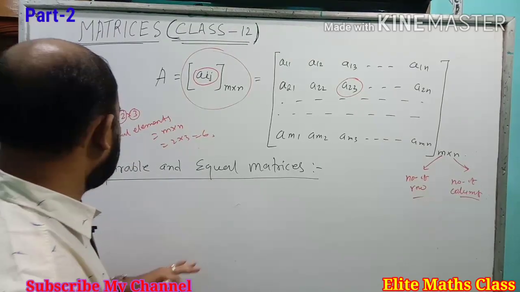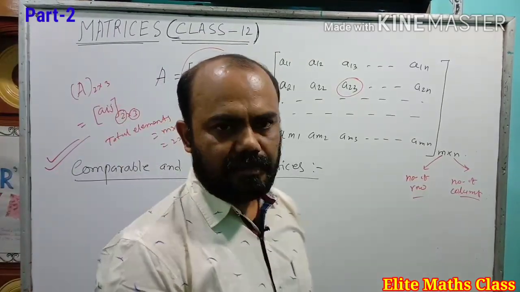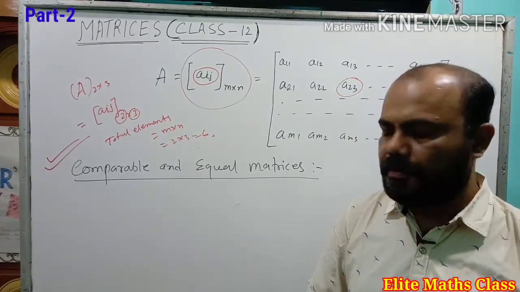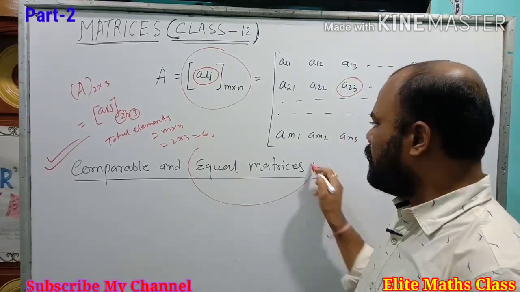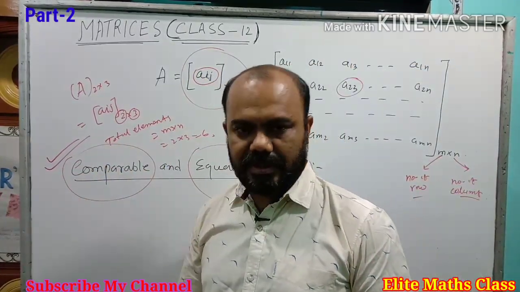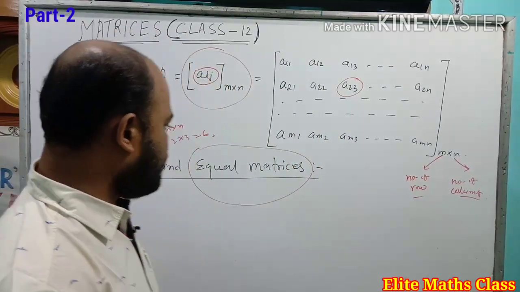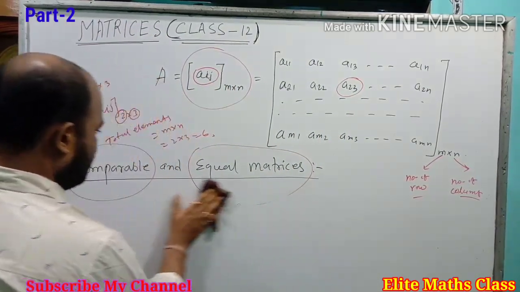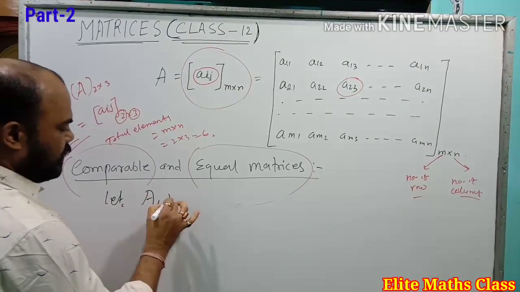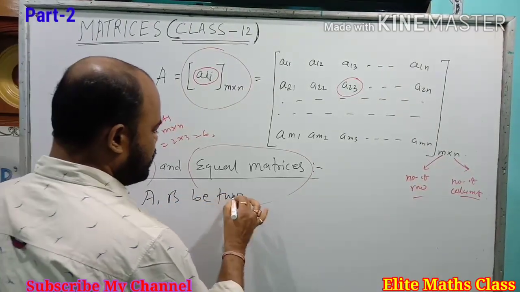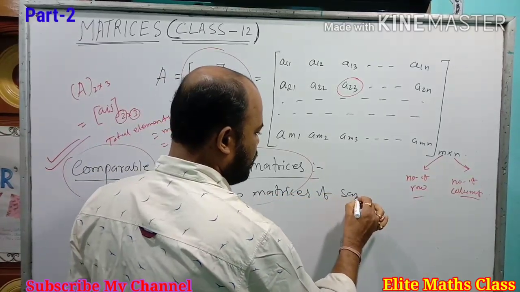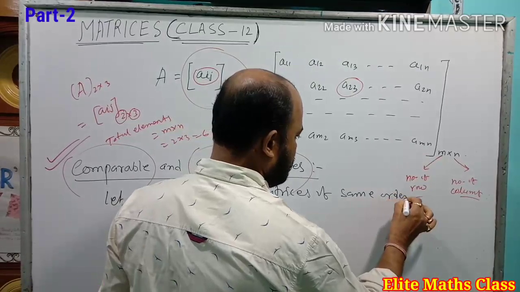Now start from this. What are comparable matrices? When are two matrices said to be comparable, and what are equal matrices? Comparable matrices: two matrices A and B are said to be comparable if, let A and B be two matrices of same order. Clear?